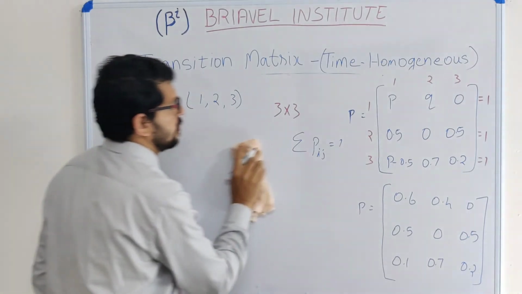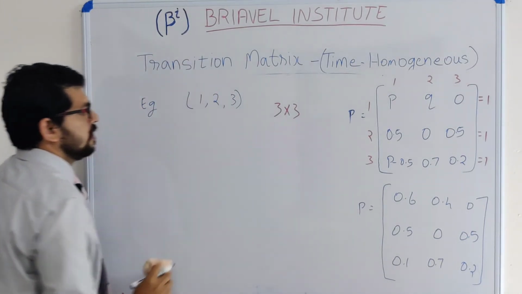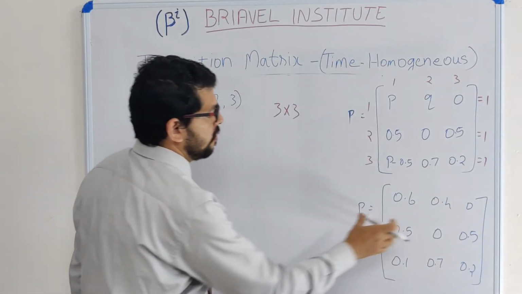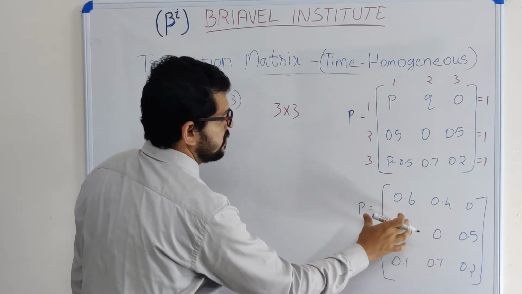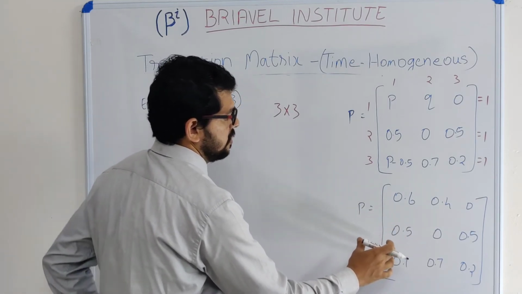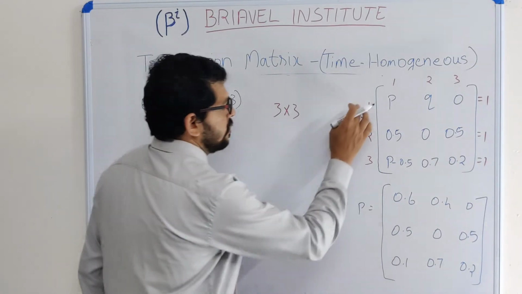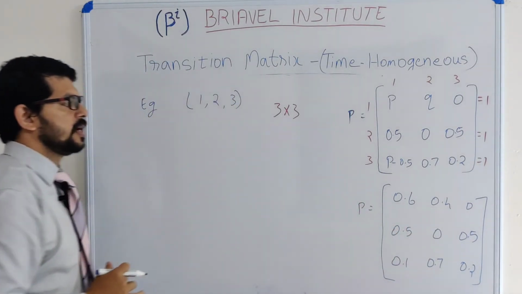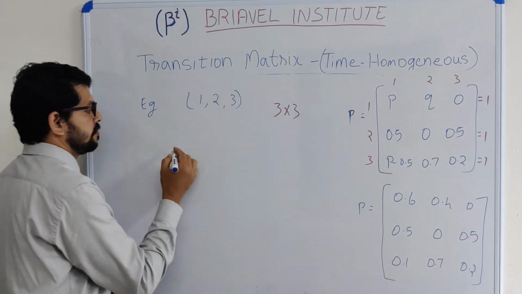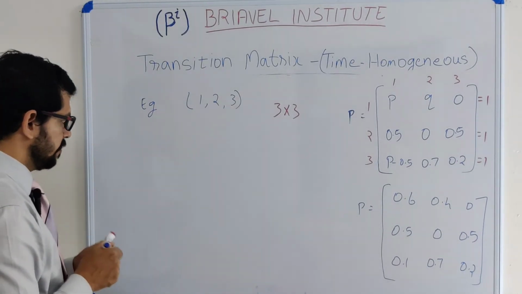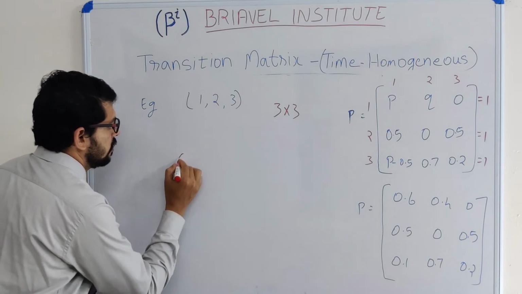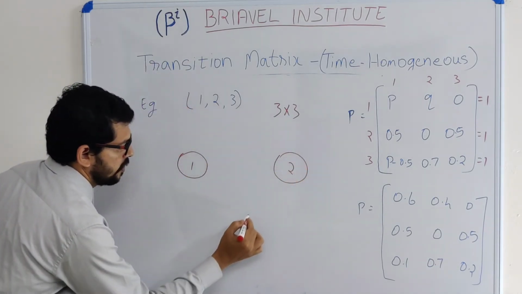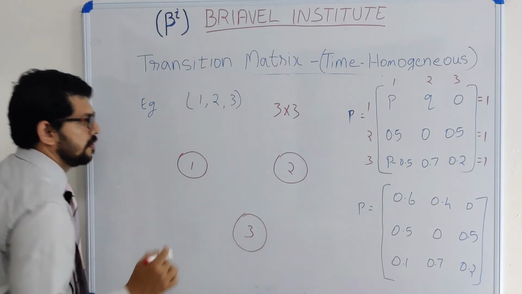Second question, the transition diagram. How do we draw the transition diagram from this transition matrix? This is a 3-state space matrix, so we have 3 states: 1, 2 and 3.